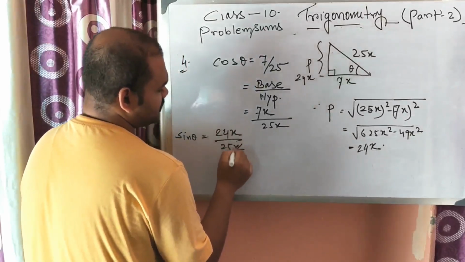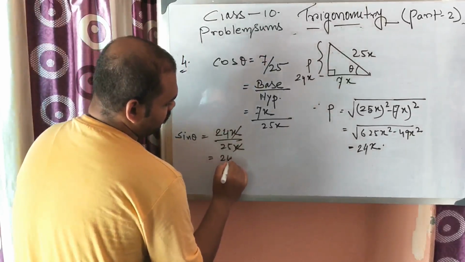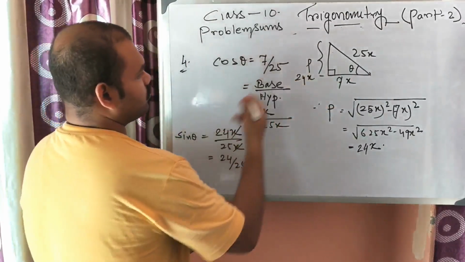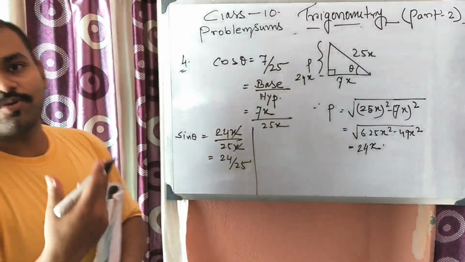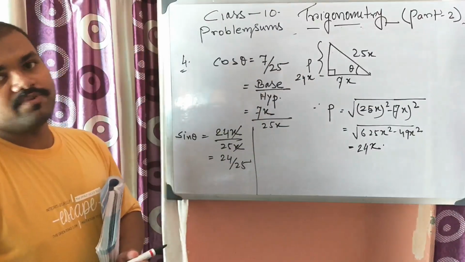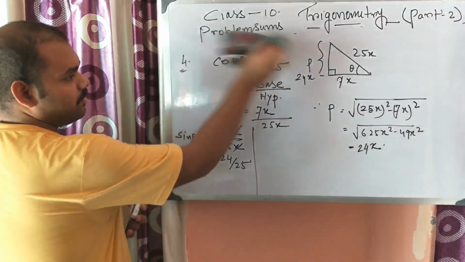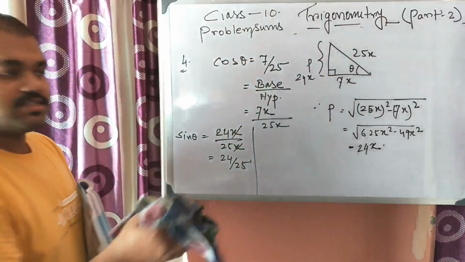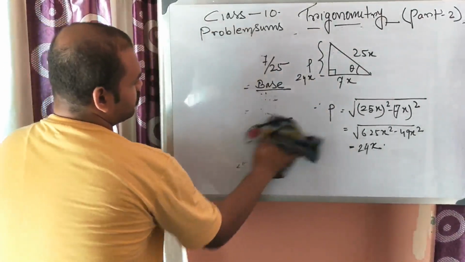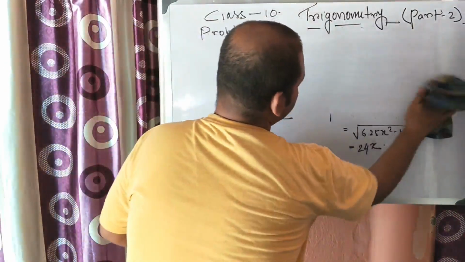So previously we got this data, 24 by 25. And another thing, cot theta you can get, cosec theta you can get, sec theta you can get like the previous one, but the first step is different for this math. So you can solve it this way also. You need to try.